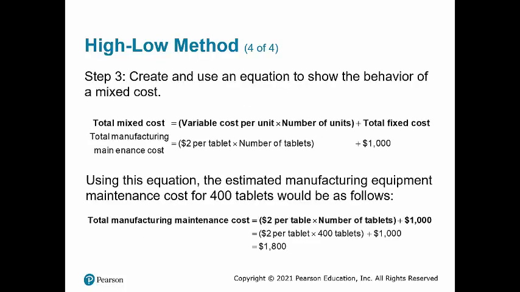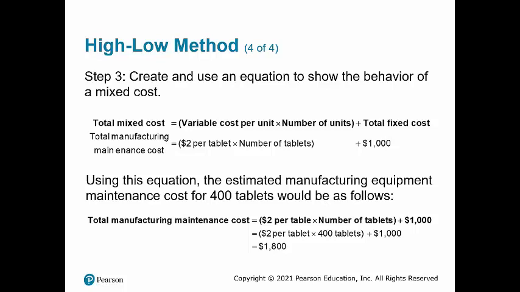In step 3, we're first going to create and then use an equation to show the behavior of a mixed cost. We know that total mixed cost is equal to total variable cost plus total fixed cost. So if we know the variable cost per unit and the total fixed cost, we can take any number of units and estimate that total manufacturing maintenance cost. Let's take an example. Let's say we want to know the total manufacturing maintenance cost for 400 tablets.